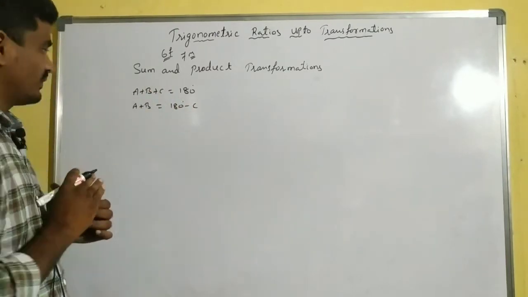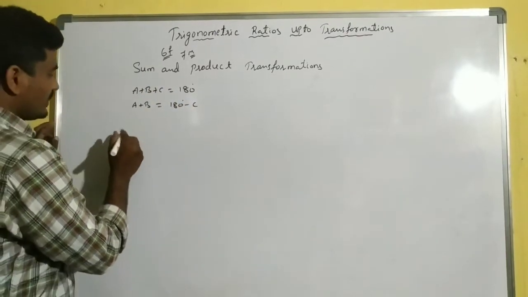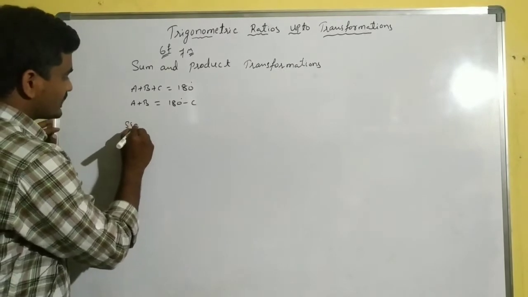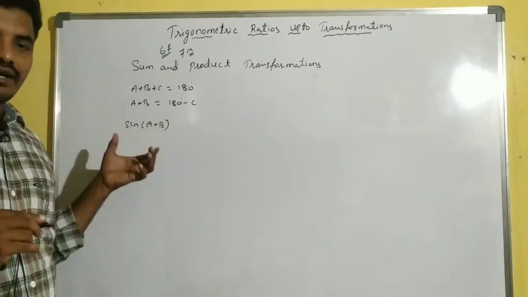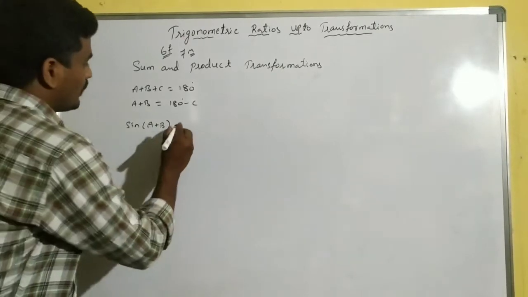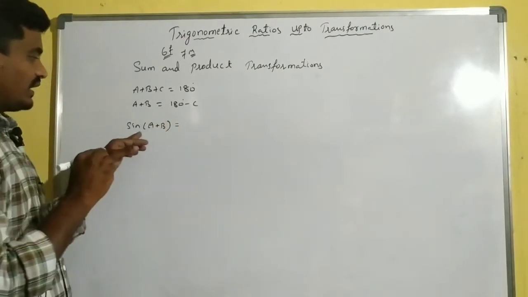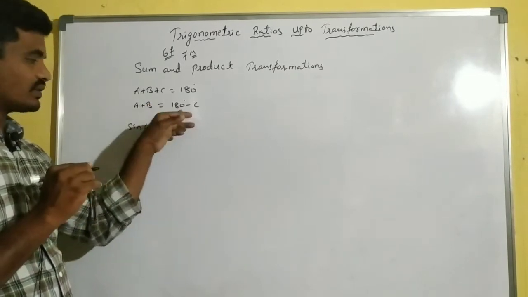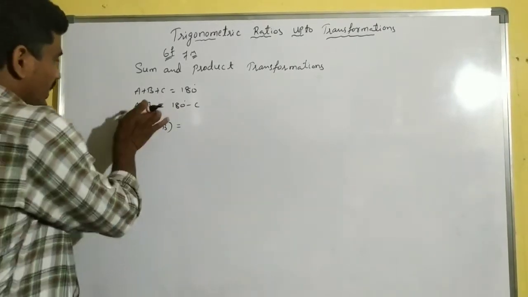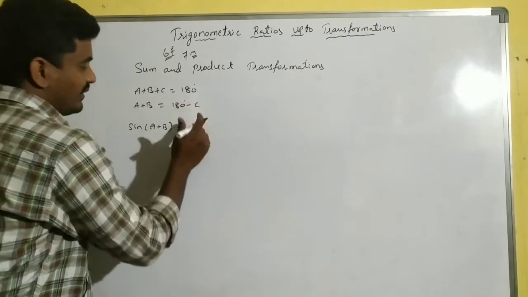Let's say I want to find sine of a plus b. A plus b equals 180 minus c, so in place of a plus b, we can write 180 minus c.